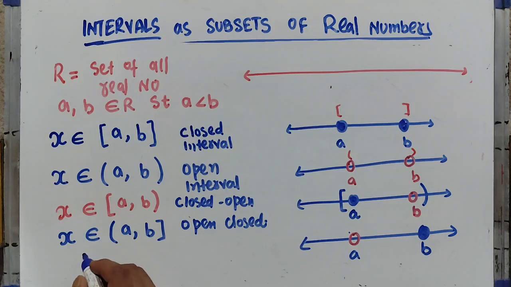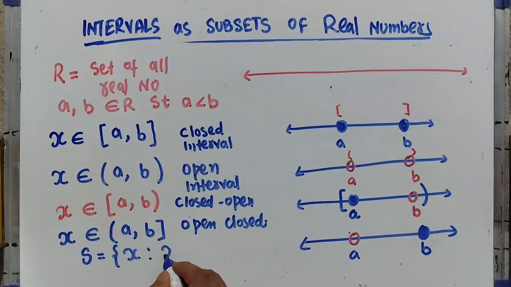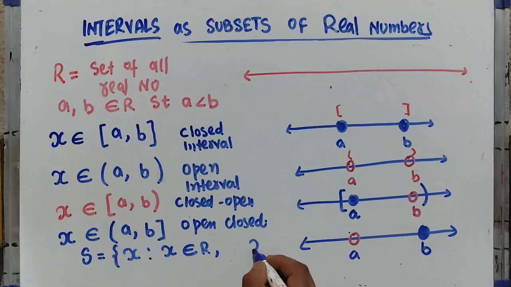Let S be a set that contains all elements x such that x belongs to real numbers, and x lies between -6, that is, x is greater than -6 but less than or equal to 5.